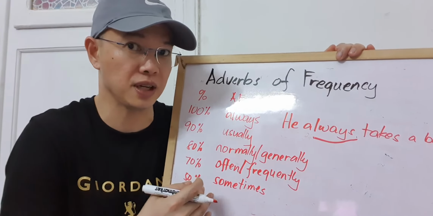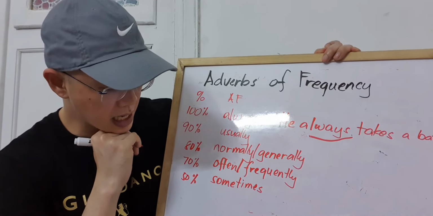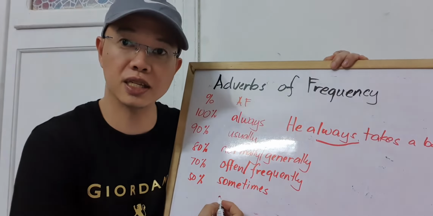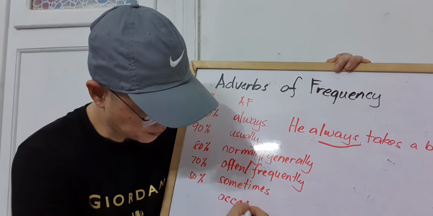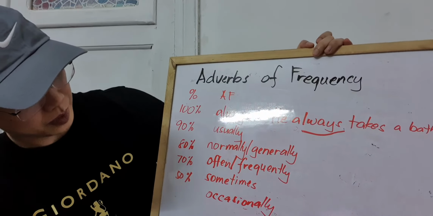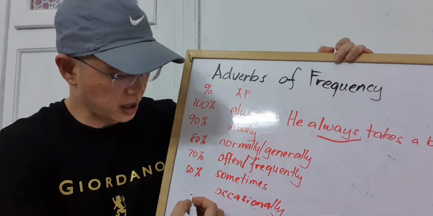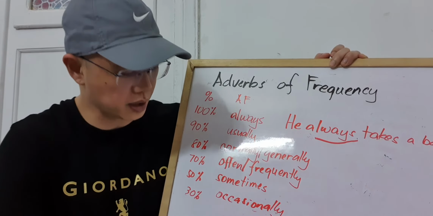So it's 50-50. Next is, can you guess? Occasionally. Occasionally is around 30%.